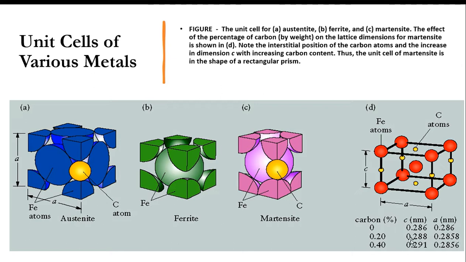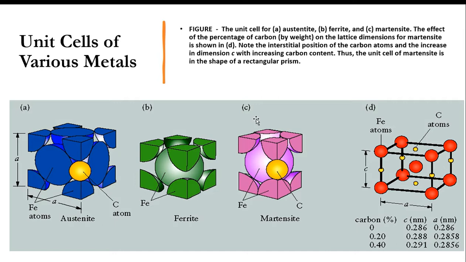They said that at carbon percentage 0, C is equal to A, that is this one, body centered cubic, that is ferrite. Then if you change your carbon percentage to 0.2, then your C and A are different. It is 2.88 and 2.858. Likewise they change due to the placement of the carbon atom, right.